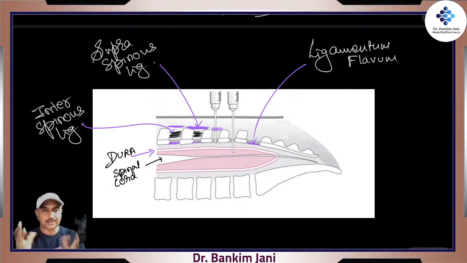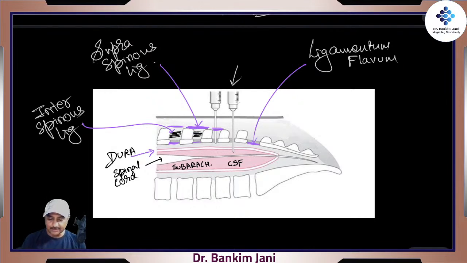And surrounding the spinal cord, there is CSF. So the CSF is over here, the cerebrospinal fluid, and that is in the subarachnoid space. So this one is the subarachnoid space. Clear? So the needle which is over here, let's say this needle, right?